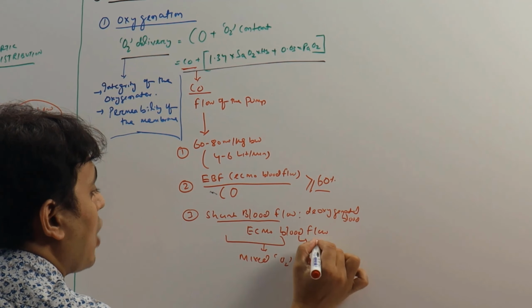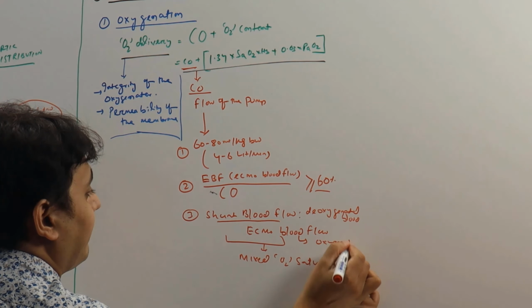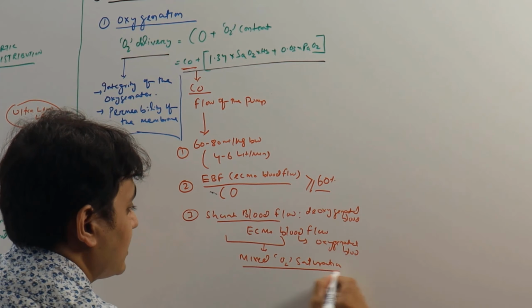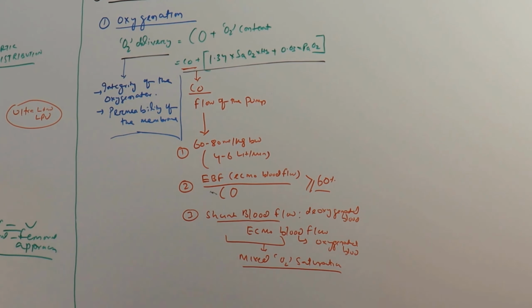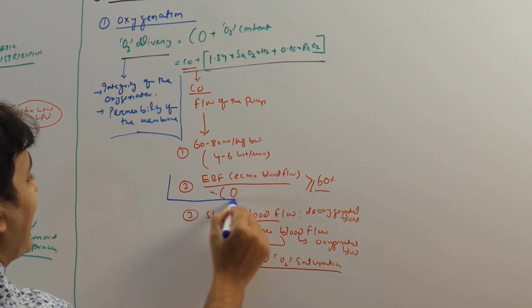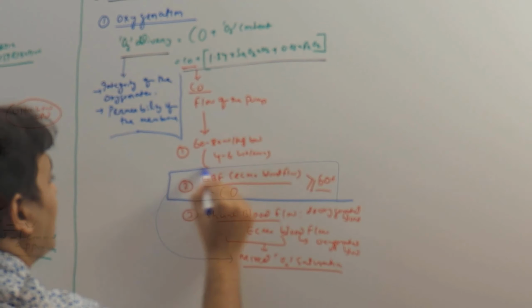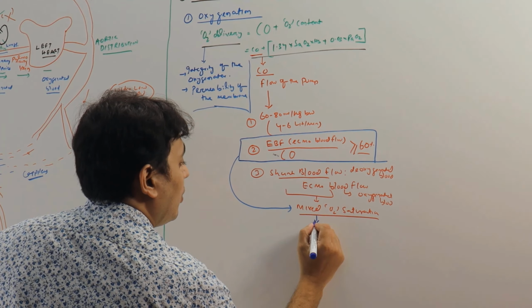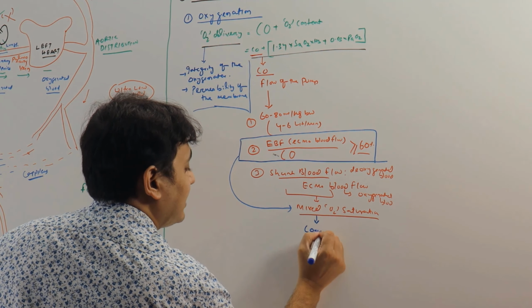And the ECMO will produce oxygenated blood. So it will produce a mixed oxygen saturation. It has been found out that if the ECMO blood flow to the native cardiac output is more than 60%, we can minimize the mixed oxygen saturation to a level which is actually compatible with life.